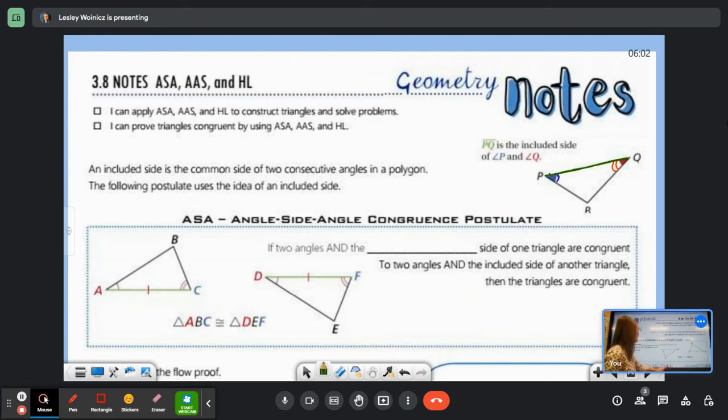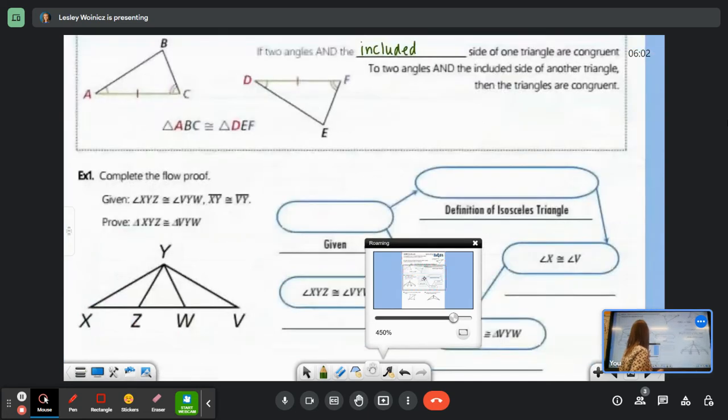So if two angles and the included side of one triangle are congruent to two angles and the included side of another triangle, then we have congruent triangles. And we have this little picture of our matching A and D angles and our congruent C and F angles and their included sides A, C, and D, F.